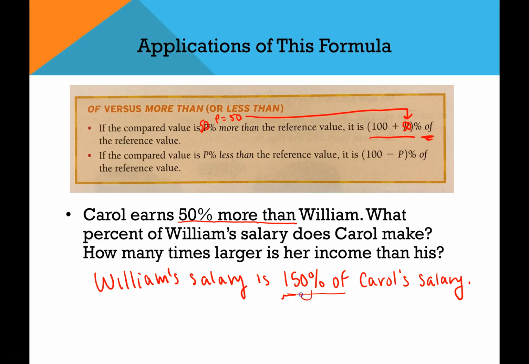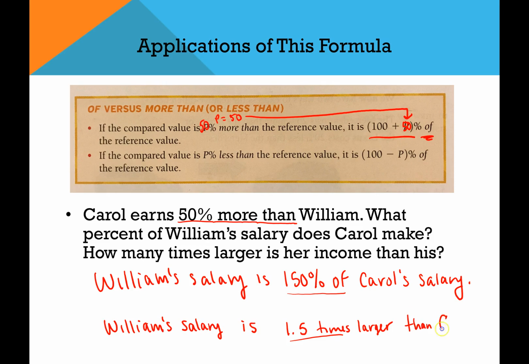Well, I bring that decimal over 2, and I get that William's salary is 1.5 times larger. Or you could say 1.5 times, right? That's implying multiplication. So let me just finish this up. This is William's salary is 1.5 times larger than Carol's.